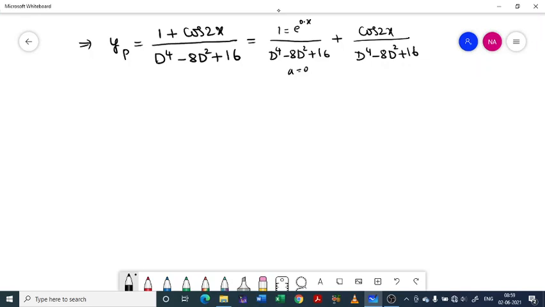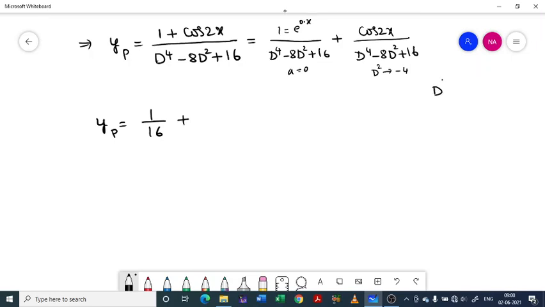Now you can replace a by 0, but here you have to replace d square by minus 4. Yes, yp will be, if you replace d by 0 here, you will be getting 1 divided by 16, plus, let's come to this, replacing d square by minus 4, what do you get?